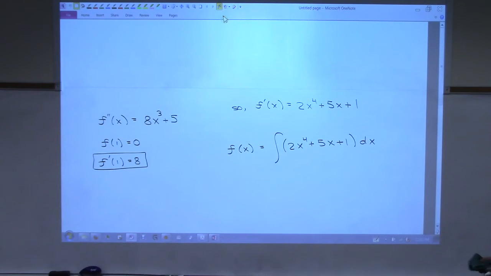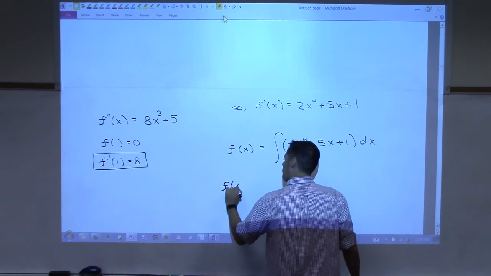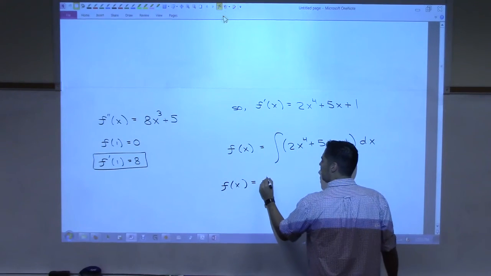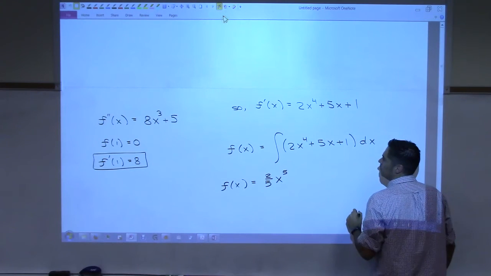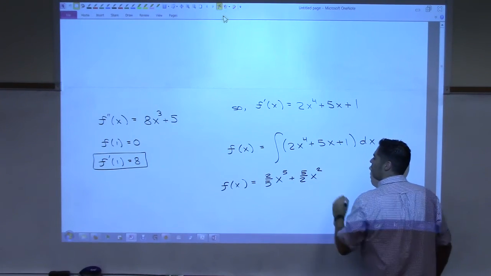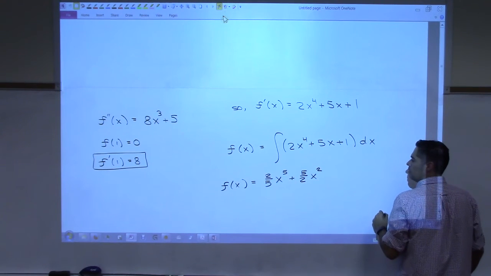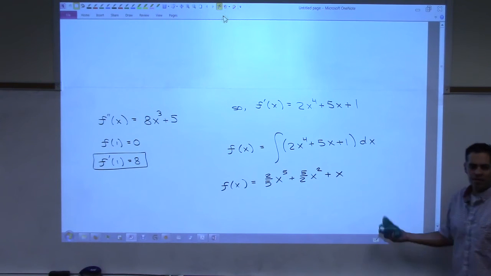And what is the antiderivative of each of those three terms? 2/5 x to the 5th, 5 halves x squared, plus x plus c.